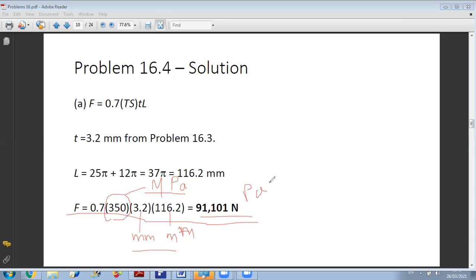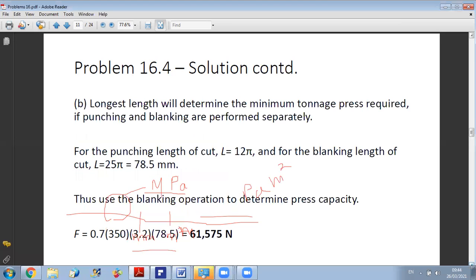So this will be the minimum press capacity in case I want to perform the blanking and punching operation at the same time. This will save time for me. On the other hand, if I want to perform the two operations separately, then if you want the minimum force, the minimal press capacity will be determined by the highest cutting length between the two.